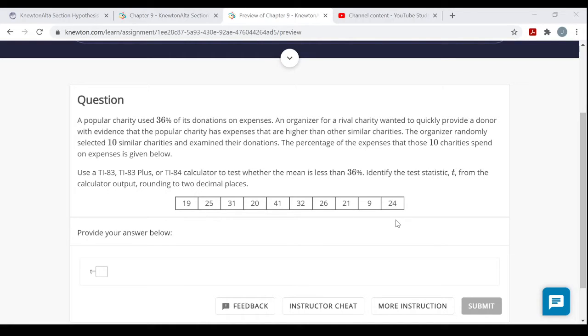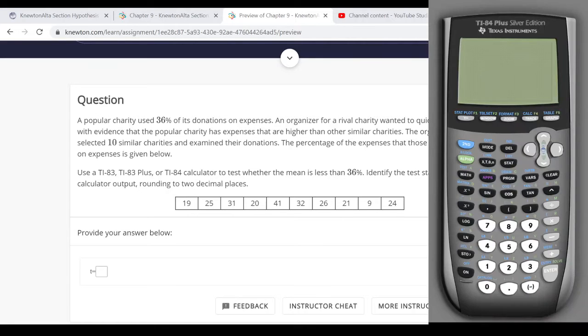Let me enter this into a list in my calculator. Hopefully you remember how to enter lists of data. Hit the stat button, hit enter on edit, and I'll just enter these numbers down list L1.